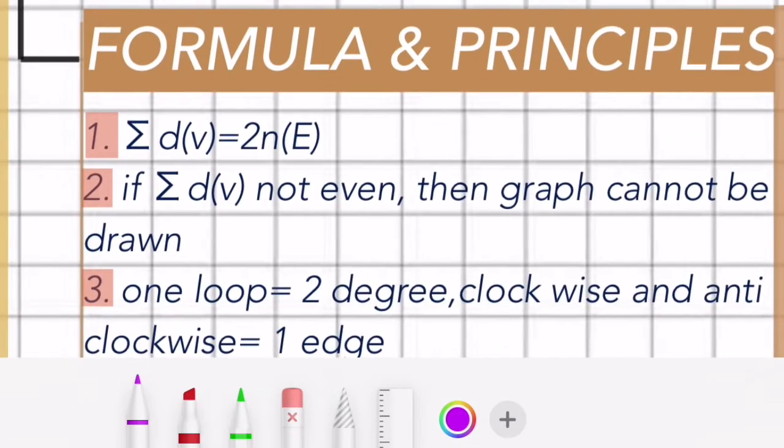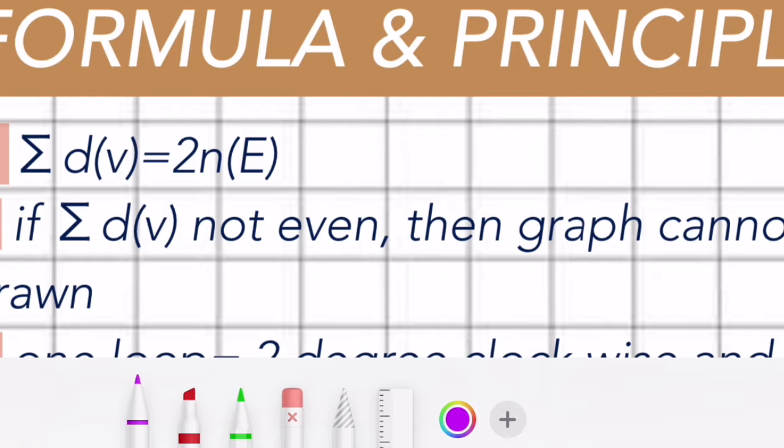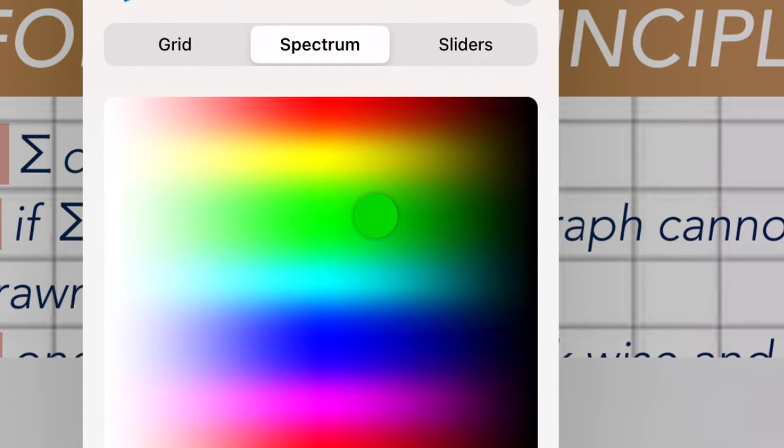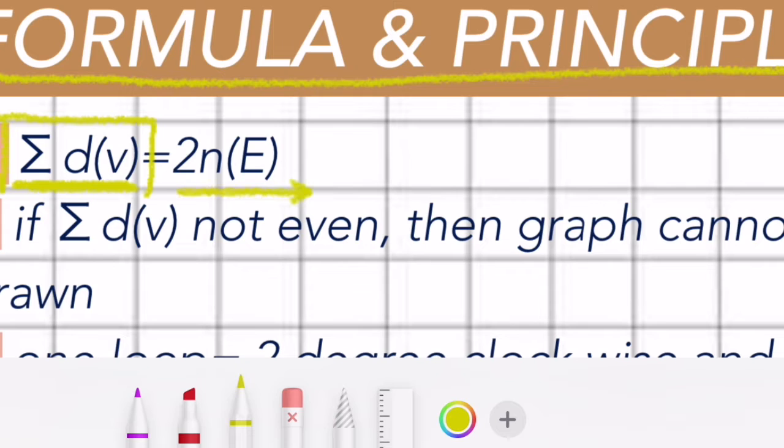So for this topic, the most important formula or principle is you must know that sum of the degree or total degree is 2 times number of edges.